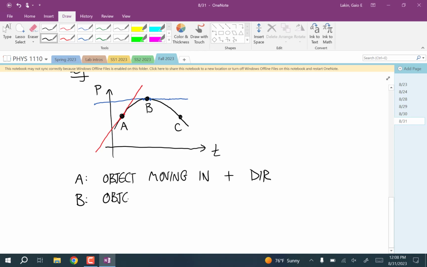The object is at rest. And then at the instant C, draw the two nearby points, the line through them. What's the sign of the slope of that? Negative. And so in this case, at this instant, the object is moving in the negative direction.